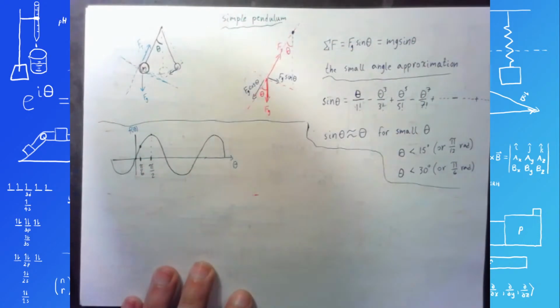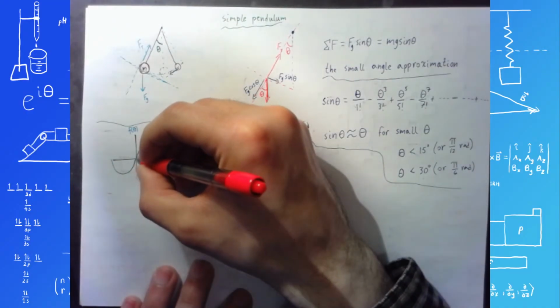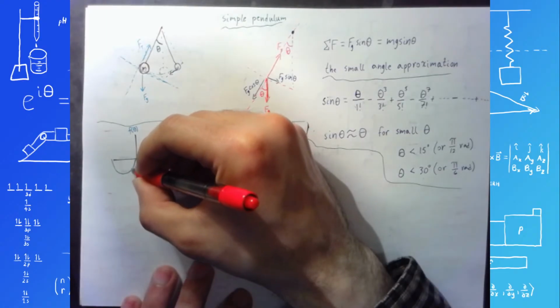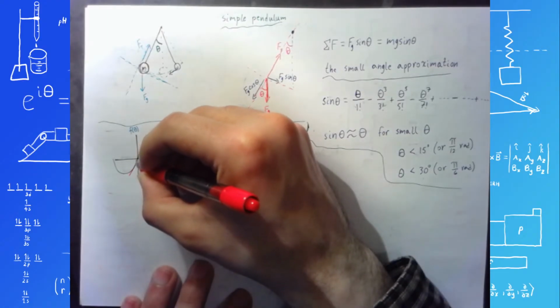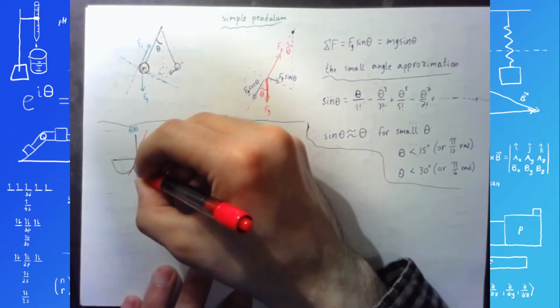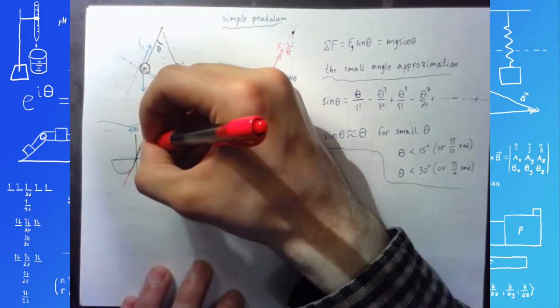Well, what if I were to draw the graph of f of theta equals theta? That would be a straight line that looks like this. If I zoom in, of course, there is a gap between them.